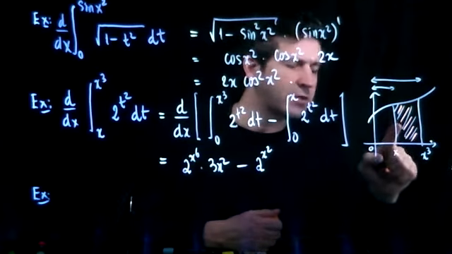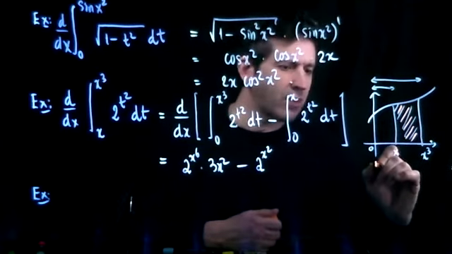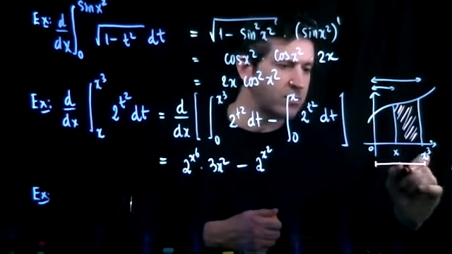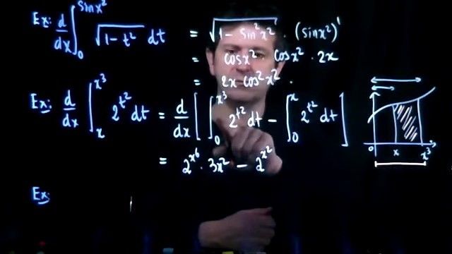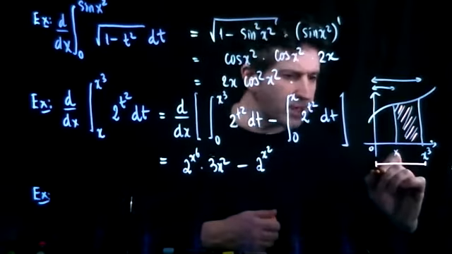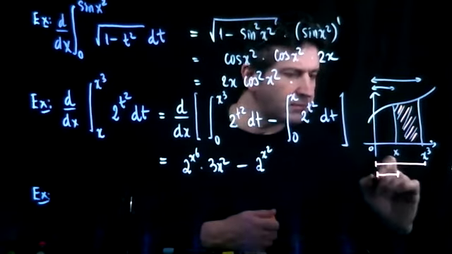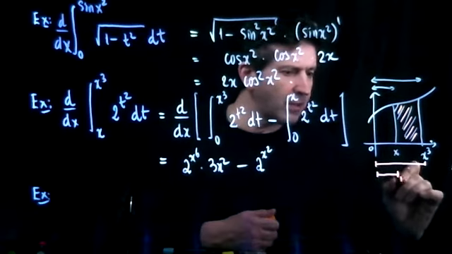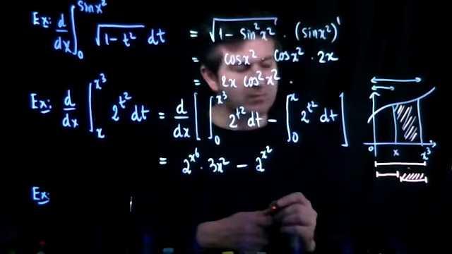Okay, and this area is what? It's the area from 0 to x cubed, minus this area here, which is from 0 to x. If I subtract these two, I'm going to get this. Okay, yeah, I get it. Understand? Yeah.